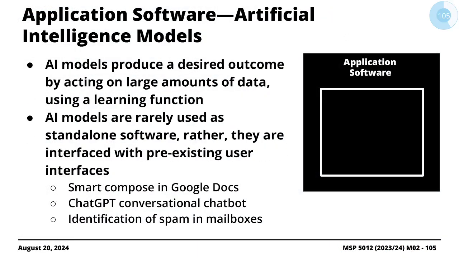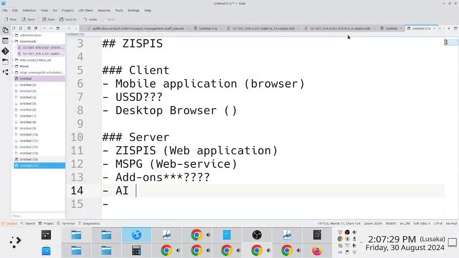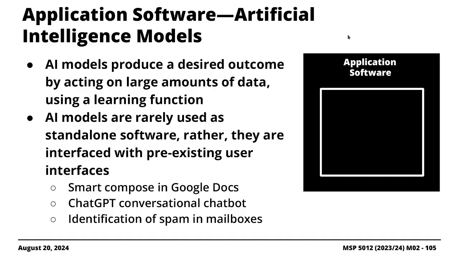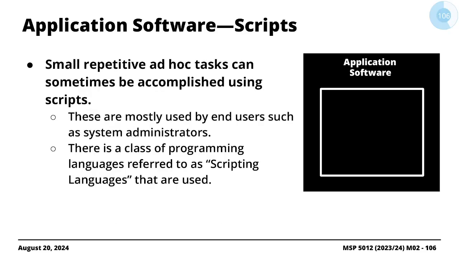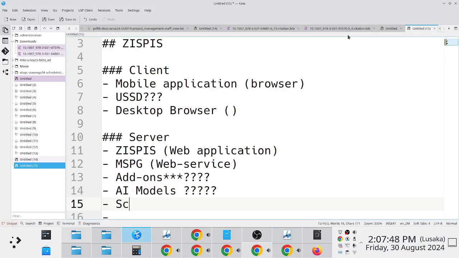So extensions and add-ons, AI models. To the best of my knowledge, I would say this is questionable as well, unless the ministry, for instance, has deliberately built AI-driven applications or services that are interfaced with this piece. Okay. In terms of scripts, maybe the administration part. So administration of this piece.